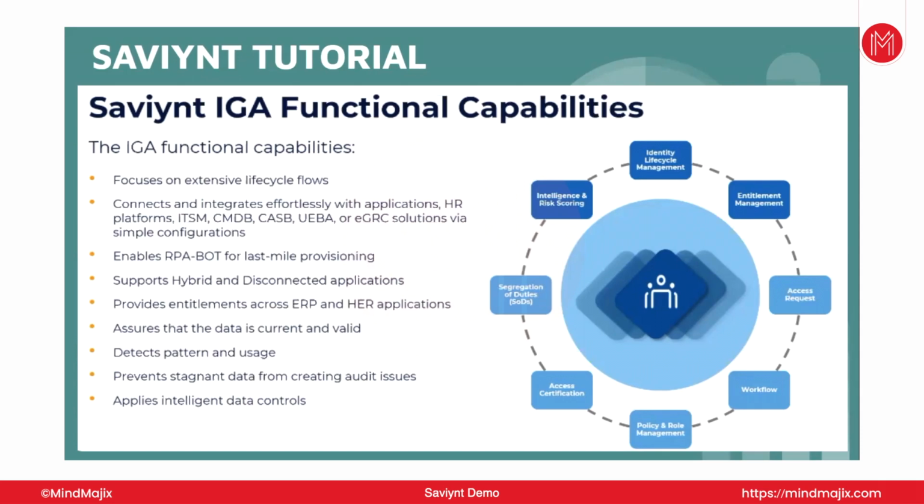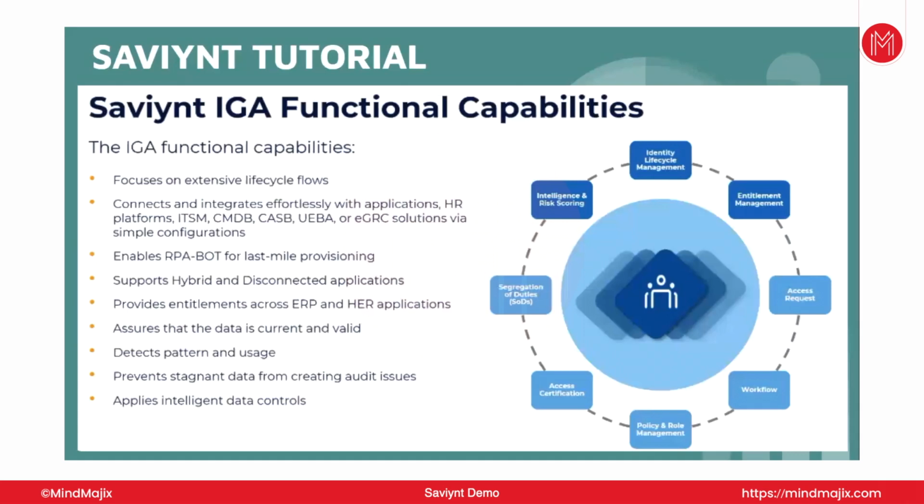Suppose after 3 or 4 months, that employee changes the department from marketing to HR. Now, his previous marketing accesses are redundant. So whenever there is a change of department, his previous accesses will be removed and he will be given the new accesses. Now, suppose that person resigns.